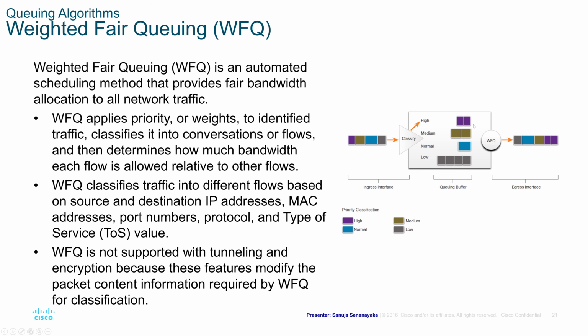Those queues then get sent out of the exit interface, which we call the egress interface. Remember from our previous lectures, the input interface is called the ingress interface and the exit interface is called the egress interface. Those queues get sent out based on the weight we see in each of those streams. So that's how weighted fair queuing works. One of the key things you should remember is that WFQ is not supported with tunneling and encryption.